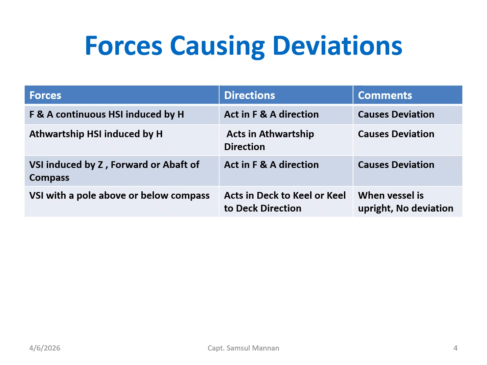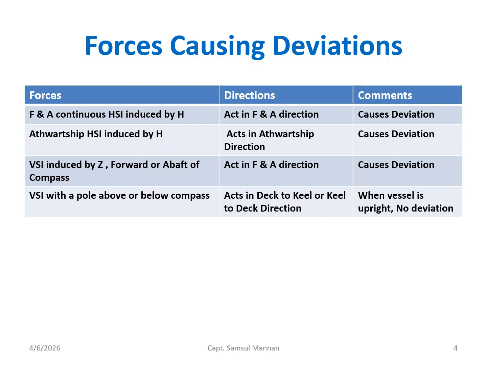Athwartship continuous HSI induced by H acts in the athwartship direction and causes some deviation. VSI induced by Z, forward or above the compass, acts in the fore and aft direction and causes some deviation. And VSI with the pole above or below the compass acts in the deck to keel or keel to deck direction.